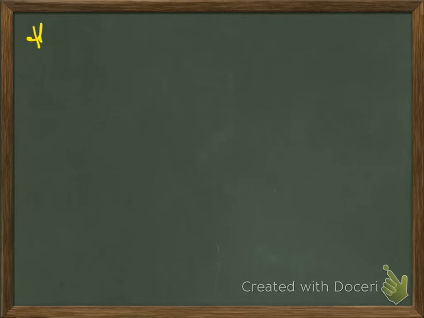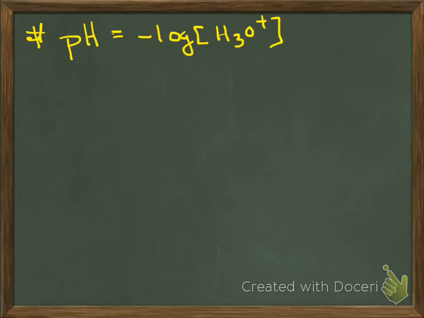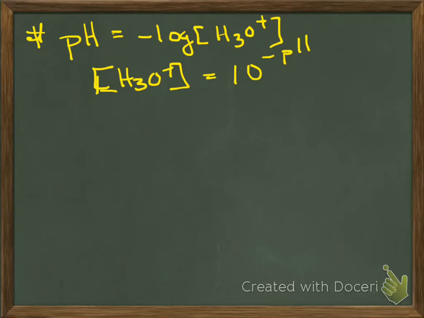Alright, so now let's talk about pH. The definition of pH is the negative log of the concentration of the hydronium ion. Remember those brackets mean concentration or molarity. So if you want to find the concentration of the hydronium ion, that would equal 10 to the negative pH.